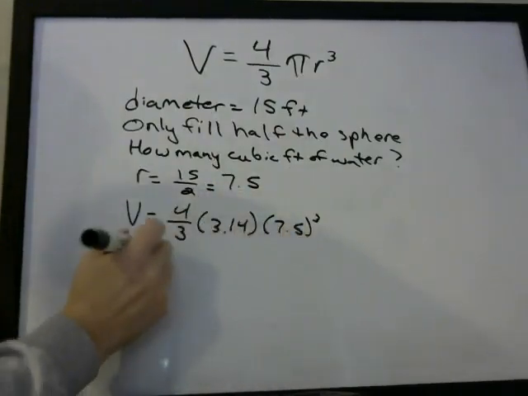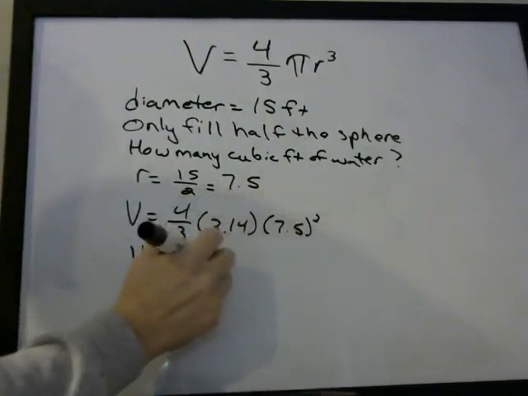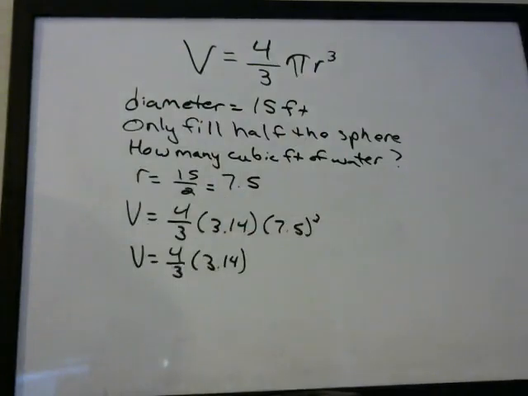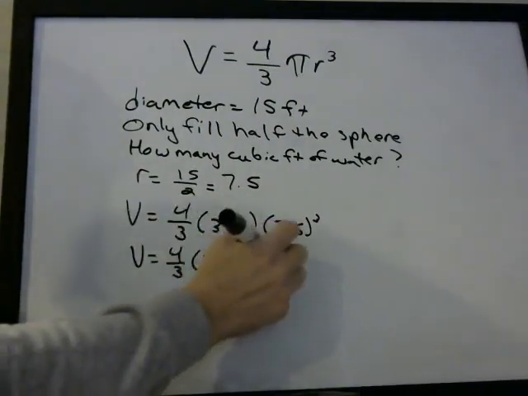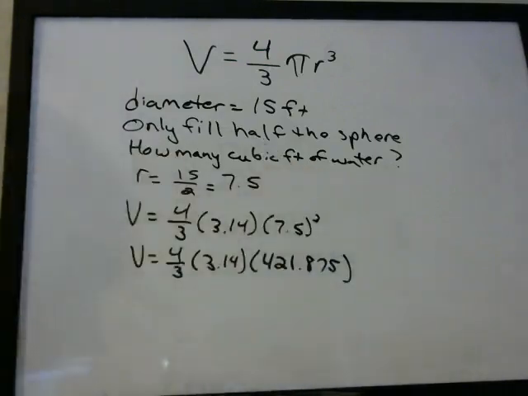I always do the exponent first, so you stick 7.5 times 7.5 times 7.5 into your calculator, and you're going to get 421.875.